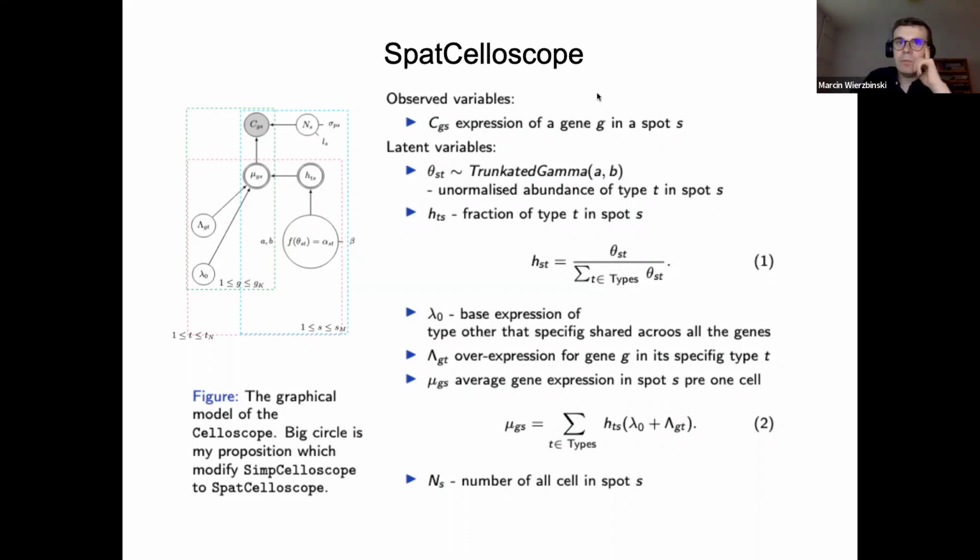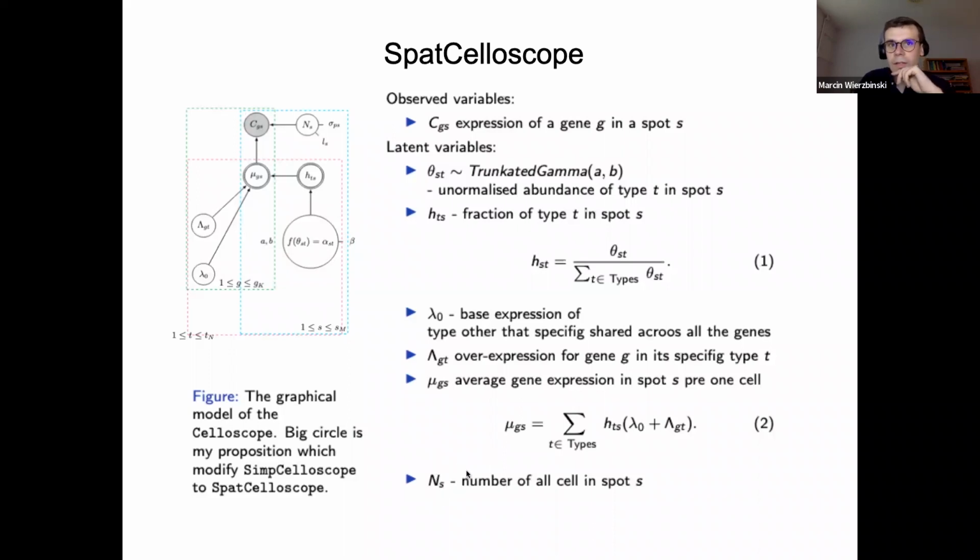So my average gene expression in a spot S per one cell can be represented by this expression. And this average is useful because we have a Poisson model with this parameter.